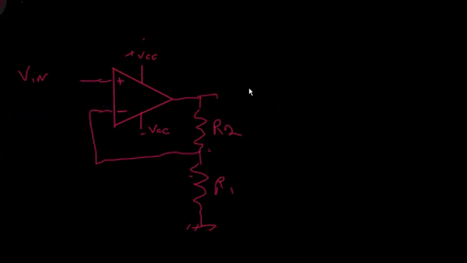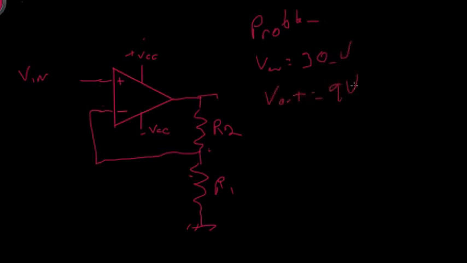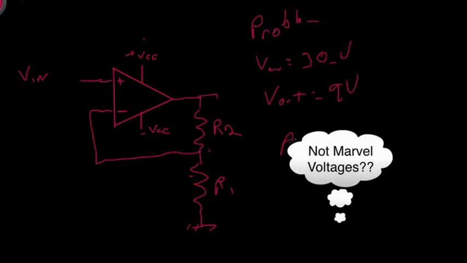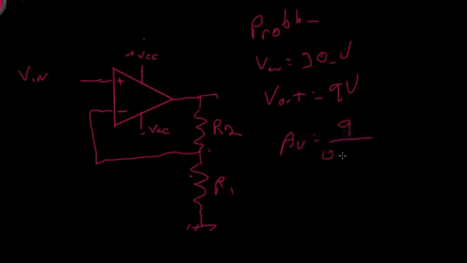If you recall, I have the problem: Vin maximum is 30 millivolts, Vout maximum is 9 volts. These happen to be DC voltages, so the AV I require is 9 over 0.03, which equals a gain of 300.